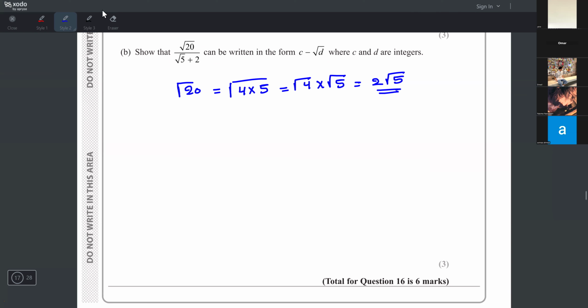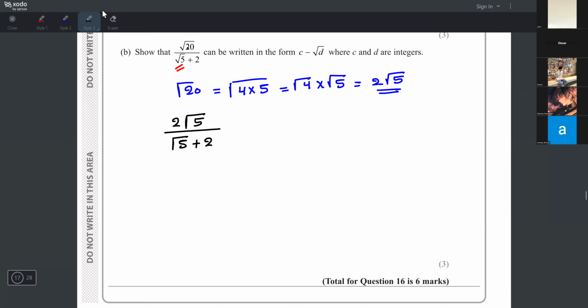Why did we do this, Nisma? Why did we simplify root 20? Because we have root 5 in the question, so we need to simplify root 20. I'll write the expression like this: I remove root 20 and write 2 root 5 over root 5 plus 2.